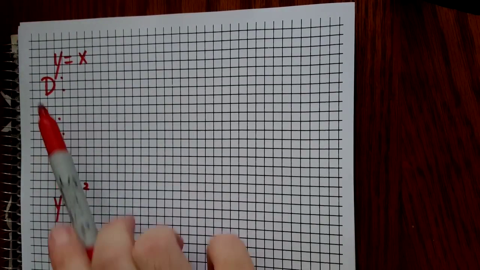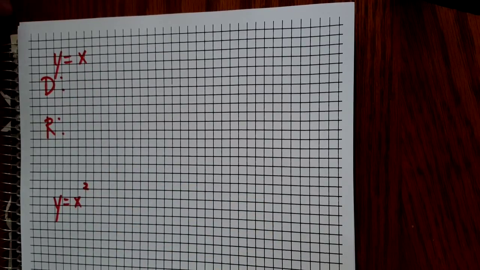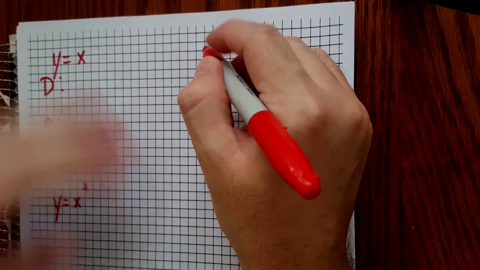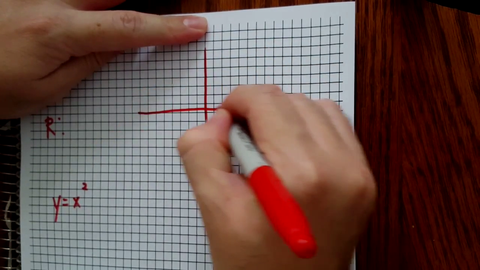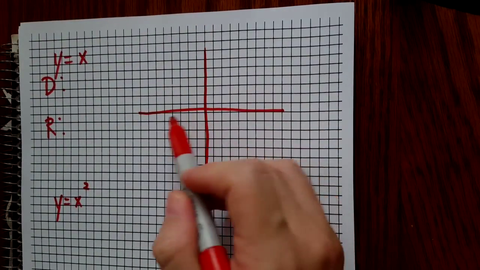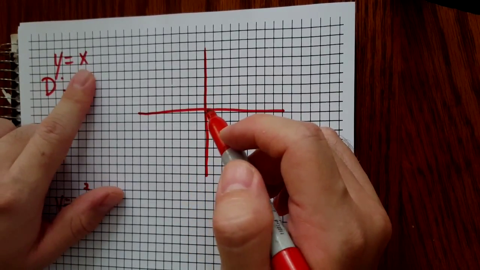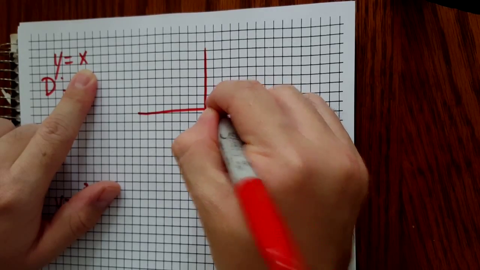Okay, so I'm going to figure out both of these, and the way I'm going to do that is by graphing this. The graph of y equals x is really straightforward. It's actually just going to be a diagonal line going through the origin. Now, I drew my graph terrible, but what I can do is say, well, when x is 1, what is y? Well, the answer to that is also 1.